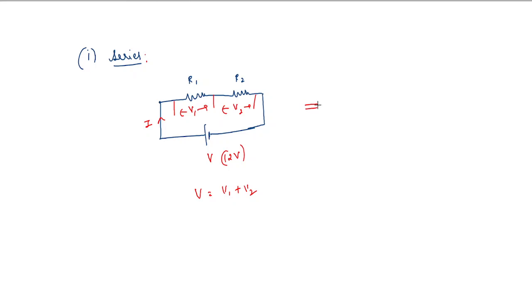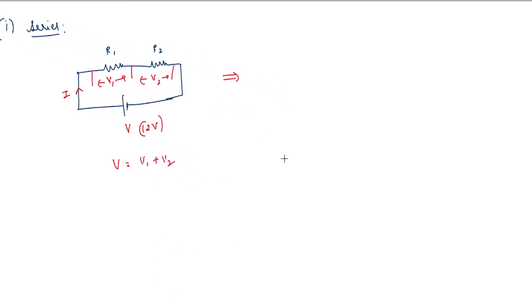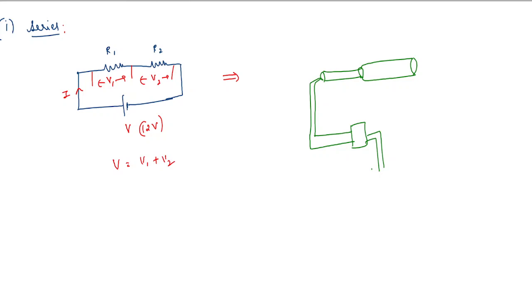To make sense out of it, we can think of this like a combination of two pipes. Let us consider two pipes of different thicknesses, different sizes, and across these pipes we draw water with the help of a motor pump. The motor pump in turn draws water from, say, a sump.